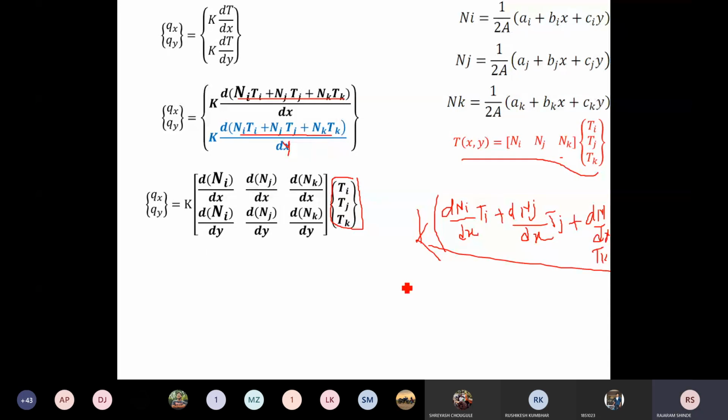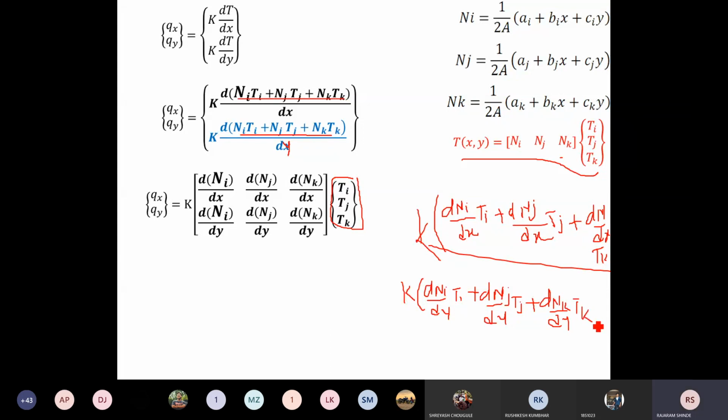And the second equation is again the same equation. Here k into dNi by dy into Ti, plus dNj by dy into Tj, plus dNk by dy into Tk.